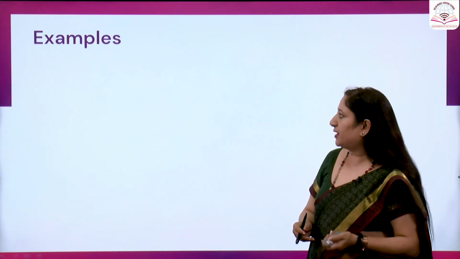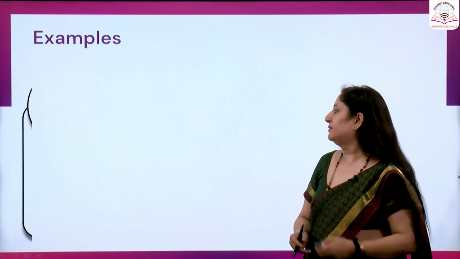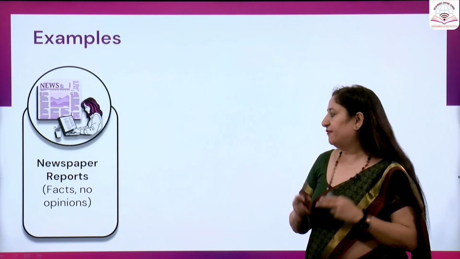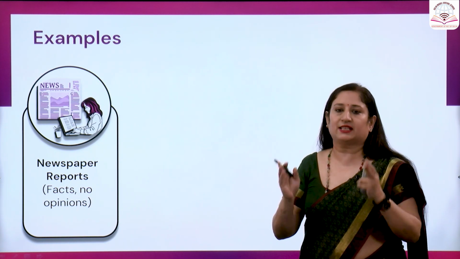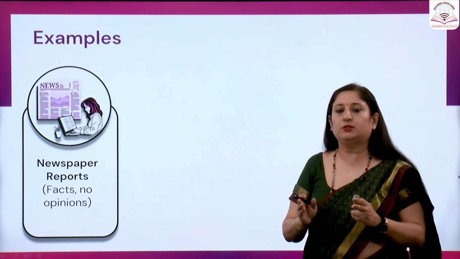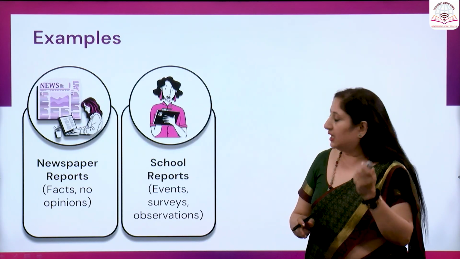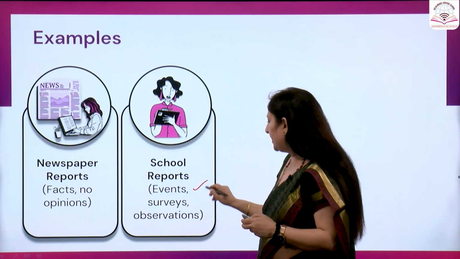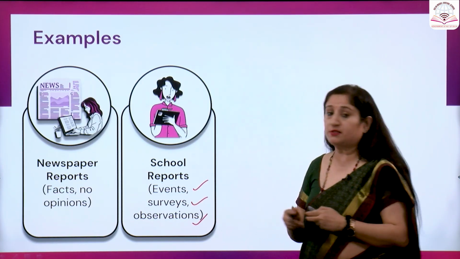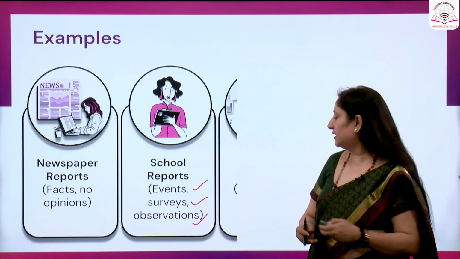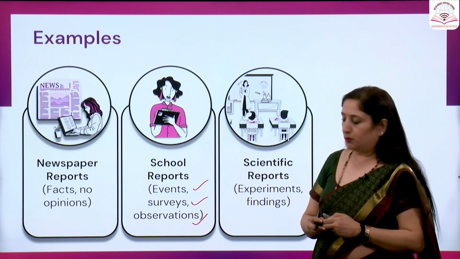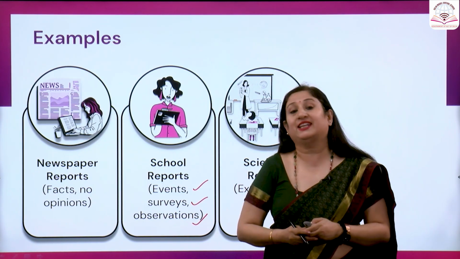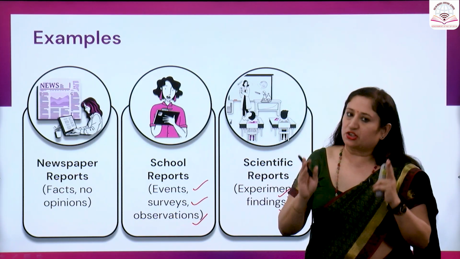Now it's time for us to look at some examples. The first example is newspaper reports, which present facts where no opinions are there. Another example is school reports, where you cover some events, surveys or observations. And another example is scientific reports, where experiments and findings are reported in a concise and structured way.